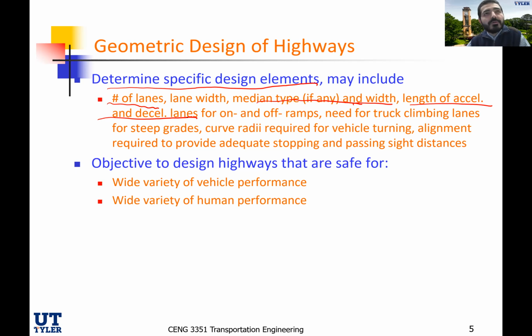Sometimes we reserve the right lane on some highways, especially if they are going downhill, for deceleration of trucks. Sometimes, say an 18-wheeler is going downhill, and if the driver for some reason, like icy conditions, is losing control, they have that deceleration lane. Imagine a big old truck going downhill.